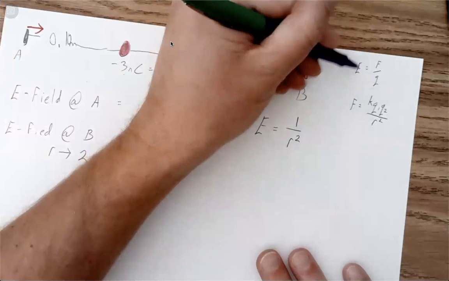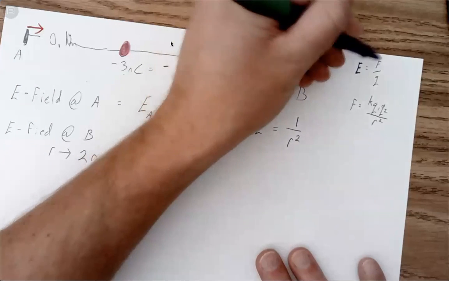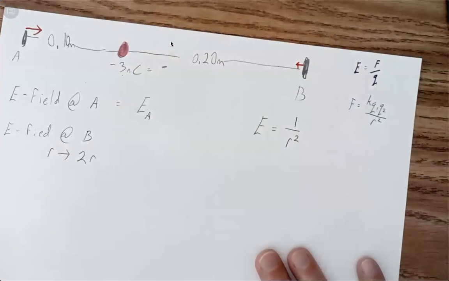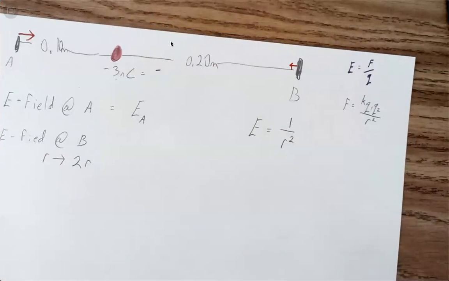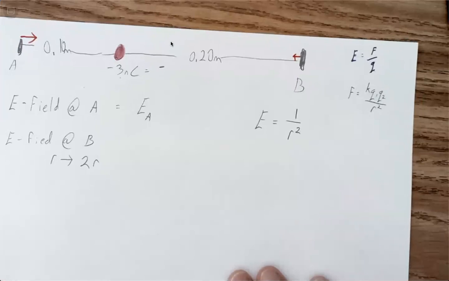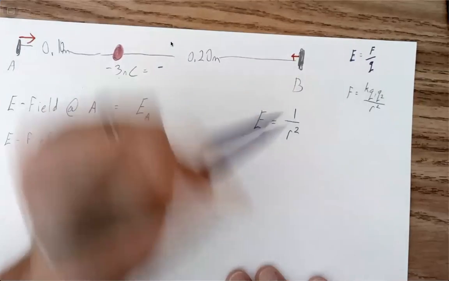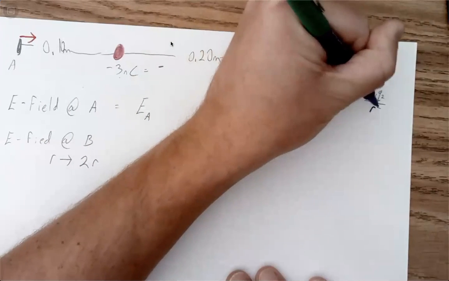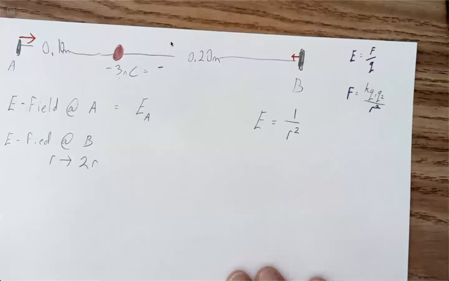We do know electric field is force per unit charge. That's what we know as the definition for an electric field. And in our last week, we went in depth into Coulomb's law with this force and this inverse square law.